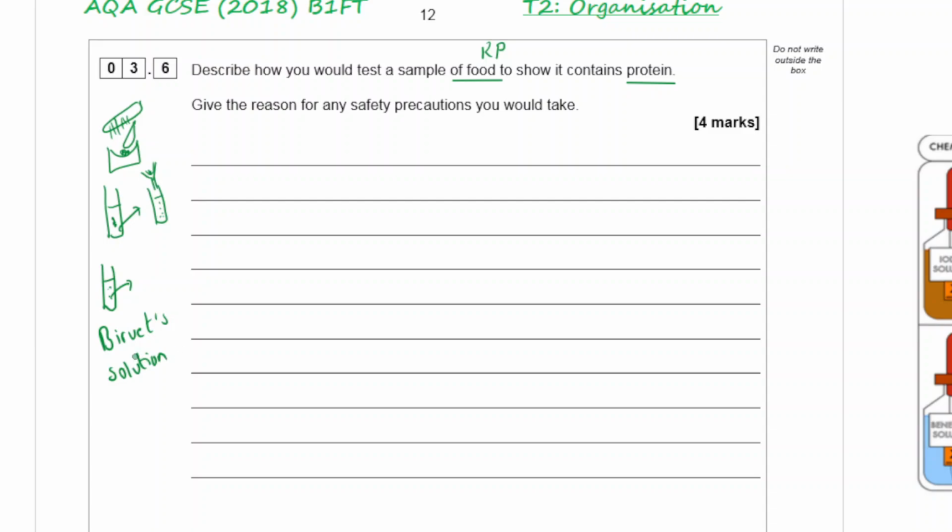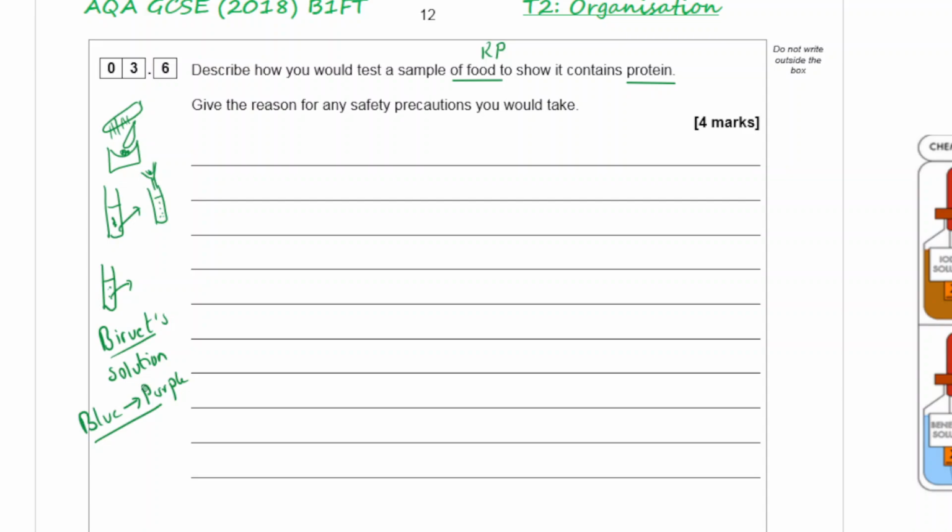Now, Biuret solution is named after the person who came up with the solution, so you don't need to know exactly what's inside the solution. What you're looking for is this positive result for it to go from blue color solution to purple. Right? You don't need to heat it or anything. You just simply mix it and shake it, and it'll turn purple. The more protein it has, the more purple it becomes.